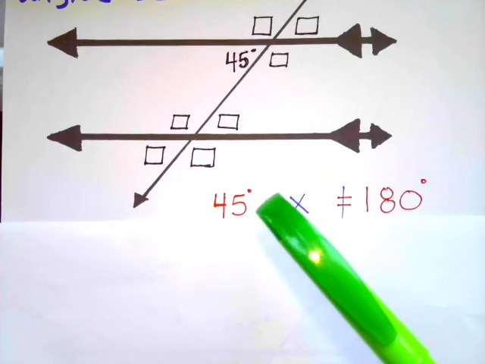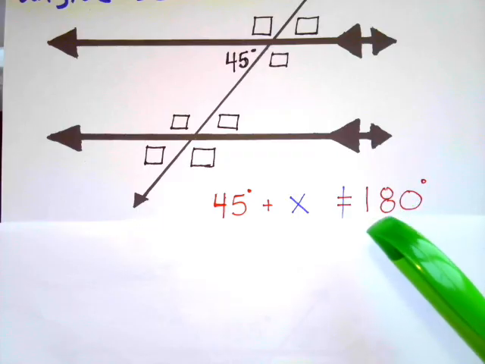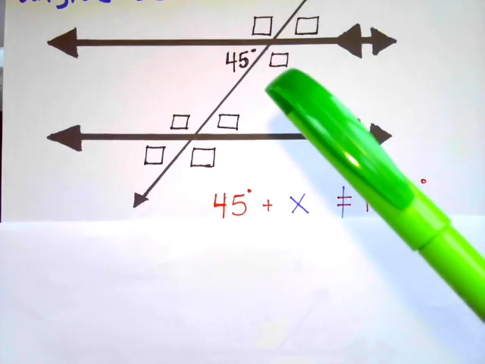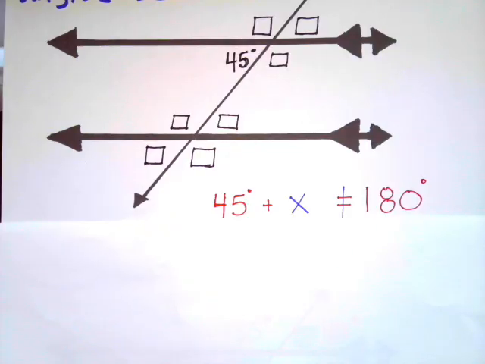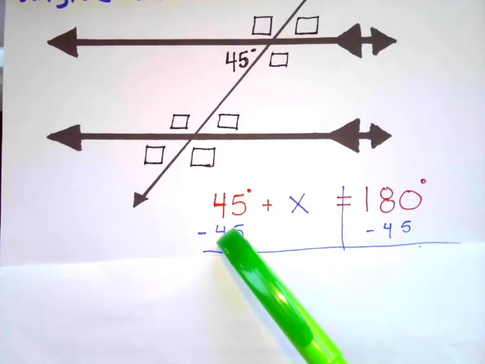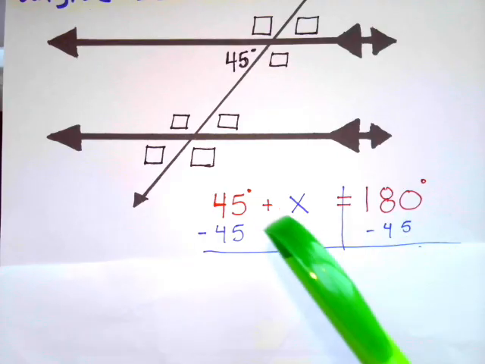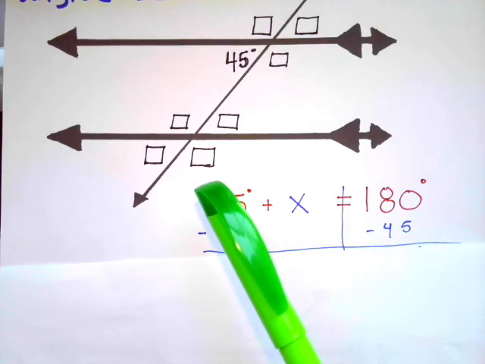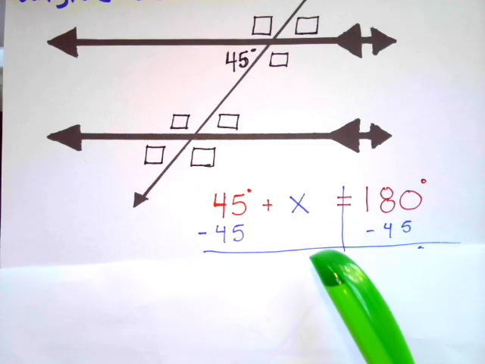But if you already know the value of x, 45 plus blank equals 180, well, you can fill in that value. In a moment, I'll show you how to fill in the rest of those angles because it is based upon congruency. Algebraically, you do the opposite of a positive 45 to both sides of the equal sign. 45 minus 45 is 0. You're left with x all by itself on the left side of the equal sign.